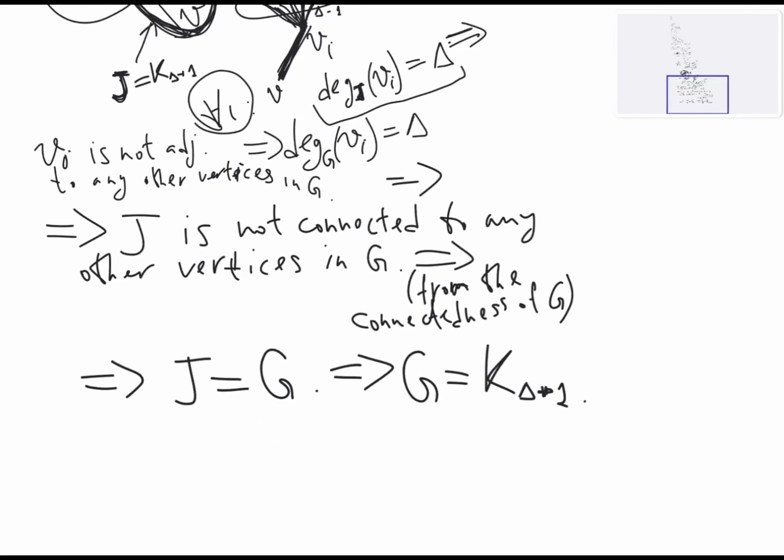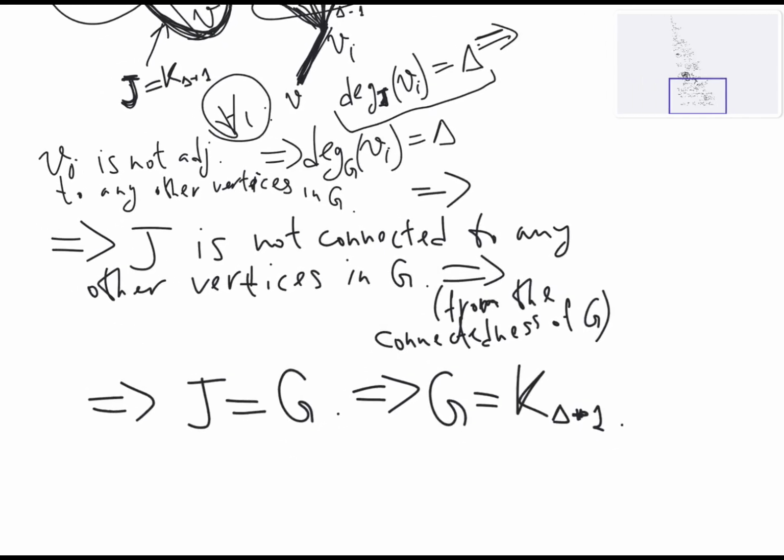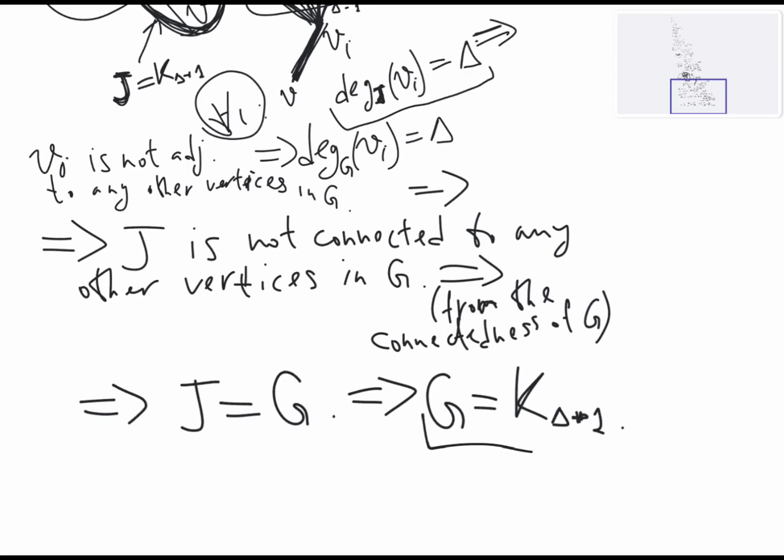So the whole graph is then a complete graph. And for a complete graph, we don't need to prove anything, because a complete graph is the exception from the upper bound. So this concludes the proof of the theorem.